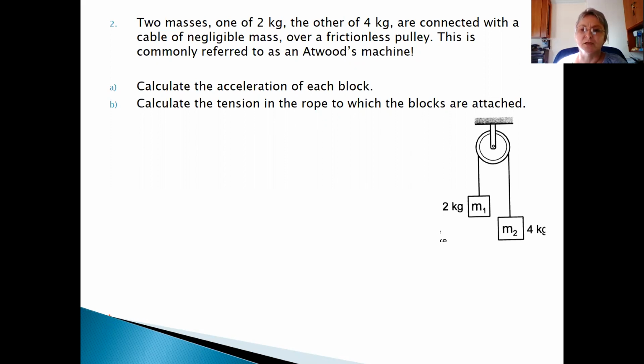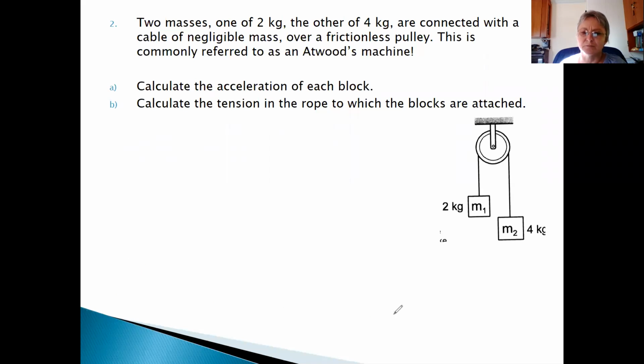Calculate the acceleration of each block. Now, because they're connected, they will have the same acceleration. Block M1 would accelerate upwards, block M2 would accelerate downwards, but the magnitude of the acceleration would be the same. Then they want us to calculate the tension in the rope to which the blocks are attached.